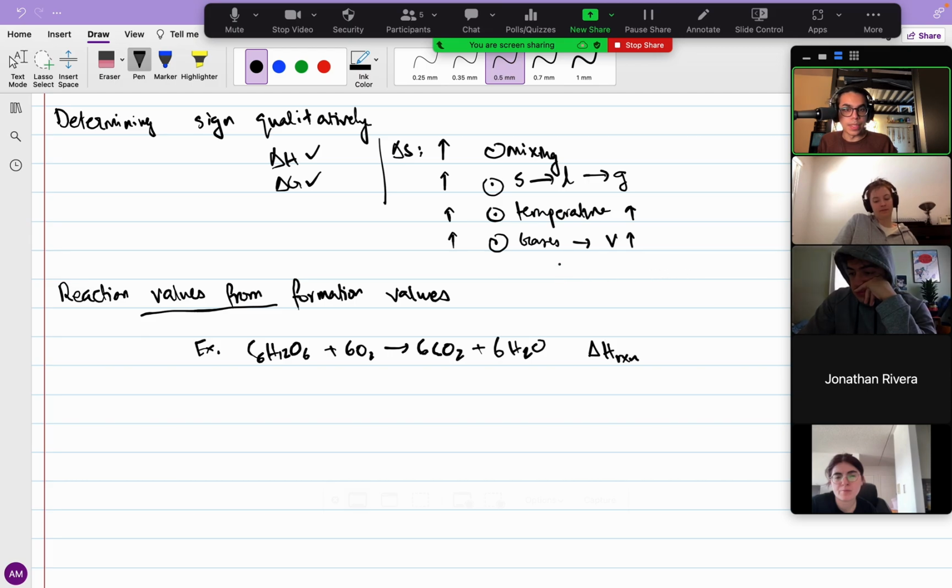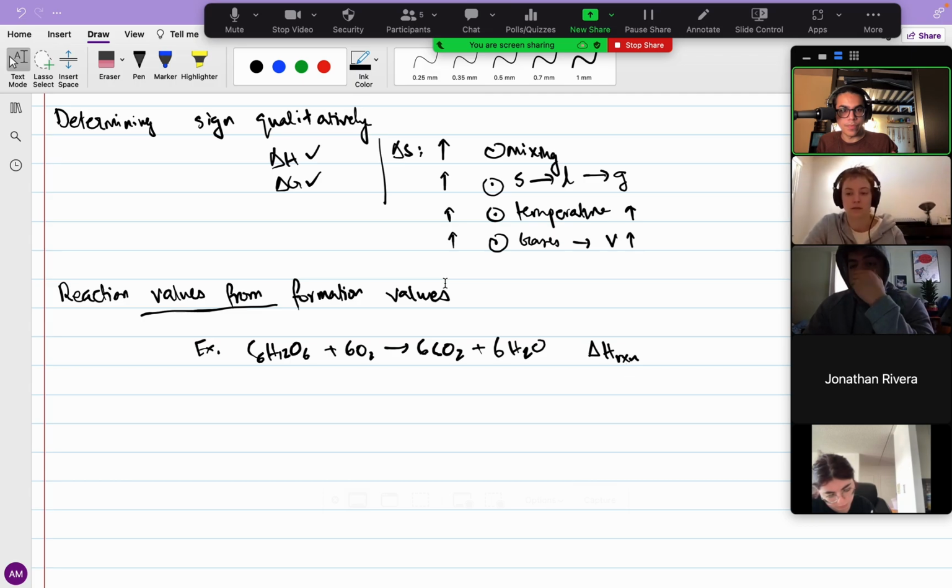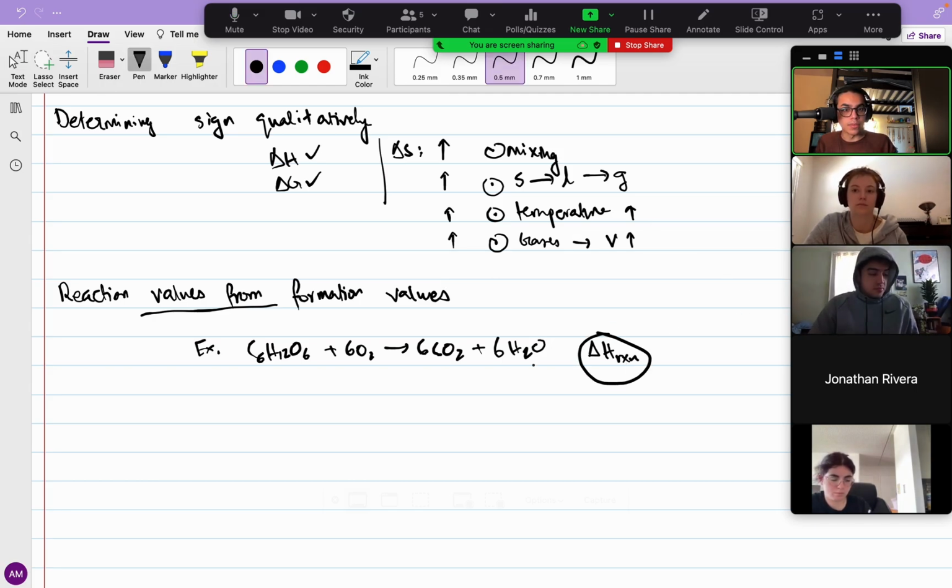So formation values are the enthalpy change, the entropy change, and the free energy change associated with forming a compound. Each compound has a formation value for all three of those quantities. Reaction values are when the compounds come together to react in a chemical reaction.